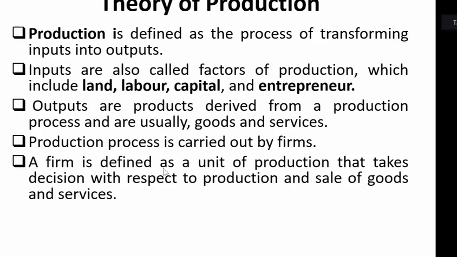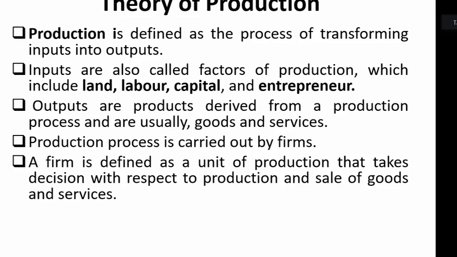The production process is carried out by firms normally, right? When we produce, producers or firms normally undergo what? A firm is defined as a unit of production that takes decisions with respect to production and sales. In short, this is just an introduction to the theory of production.